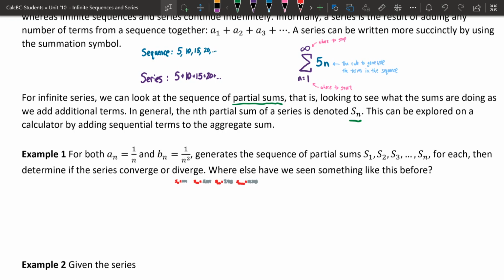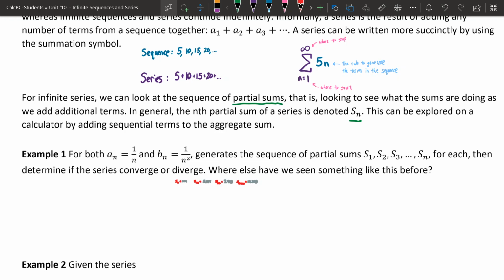It says, for both a sub n equals 1 over n and b sub n equals 1 over n squared, generate a sequence of partial sums s sub 1, s sub 2, and so on. For each, then determine if the series converges or diverges. Okay, so let's look at this first one, a sub n.